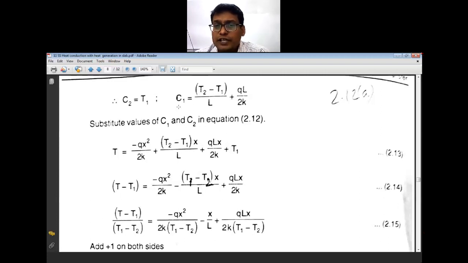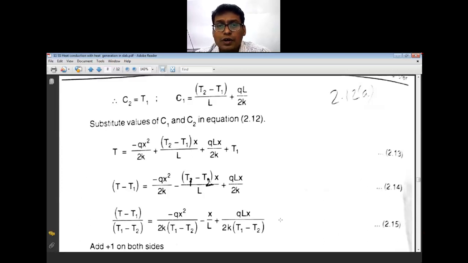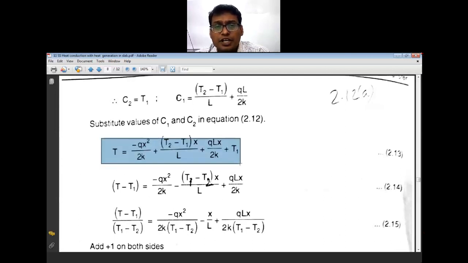So substituting this value of C1 and C2 in this equation, this is the general heat temperature distribution equation that will be there.